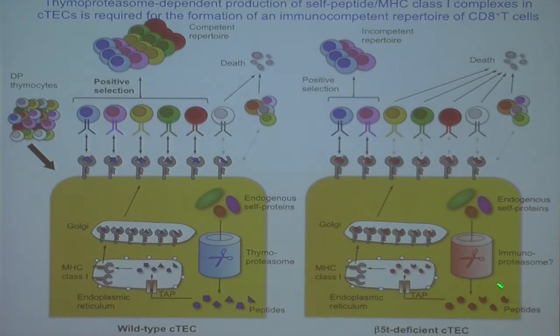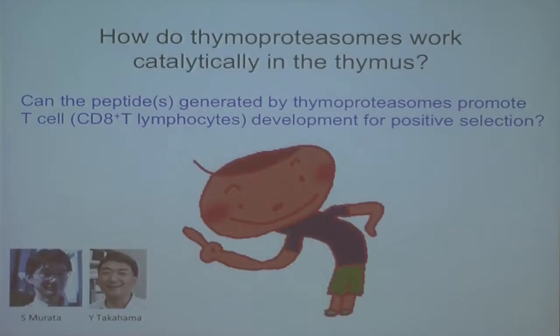This immunoproteasome also produces a peptide, but this peptide cannot promote positive selection. So therefore, the thymoproteasome is very important, involved in T cell development. That means cell-mediated immunity. The genetics is okay, but we want to know the mechanisms. How do thymoproteasomes work catalytically in the thymus?